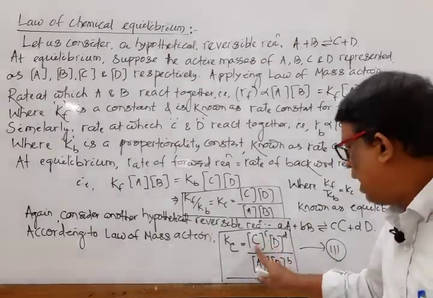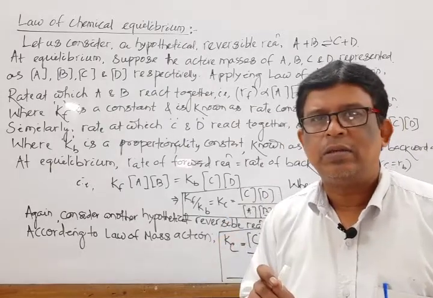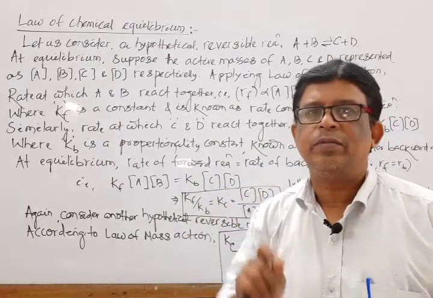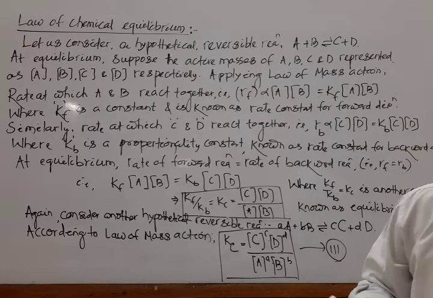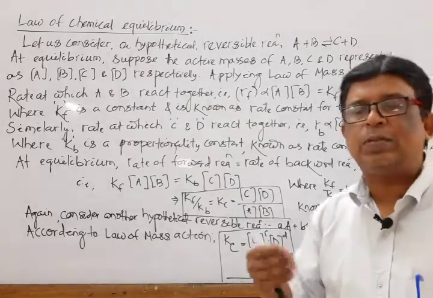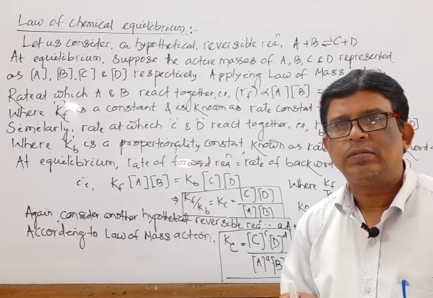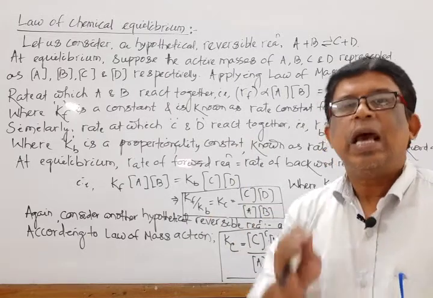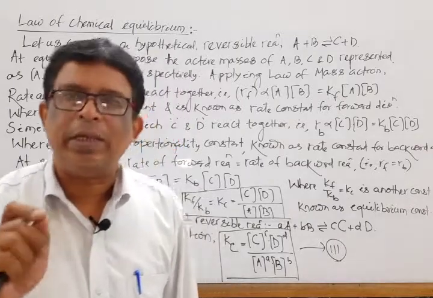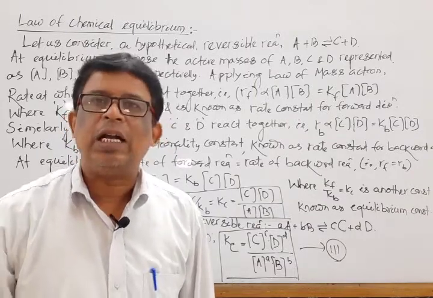The product of molar concentration of product species, each term raised to the power equal to its coefficient, divided by the product of molar concentration of reactant species, and each term raised to the power equal to its coefficient, is another constant which is known as the equilibrium constant.